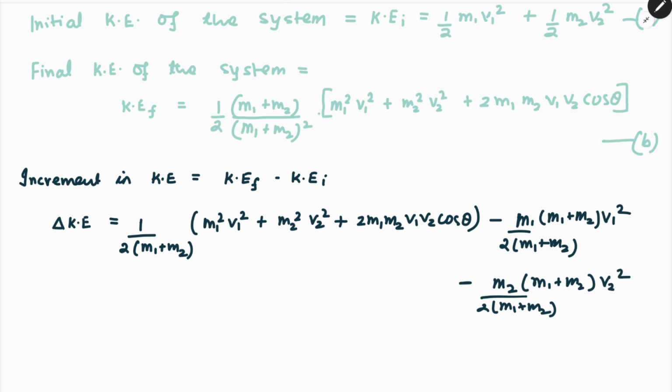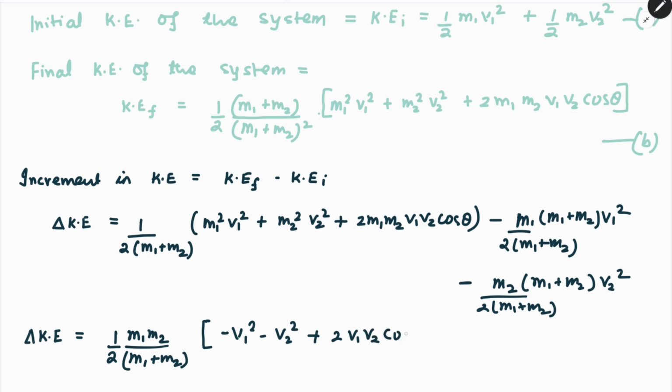This is how we get this expression, and on solving this we obtain delta kinetic energy as half of m1 m2 upon m1 plus m2, times minus v1 square minus v2 square plus twice v1 v2 cos theta.